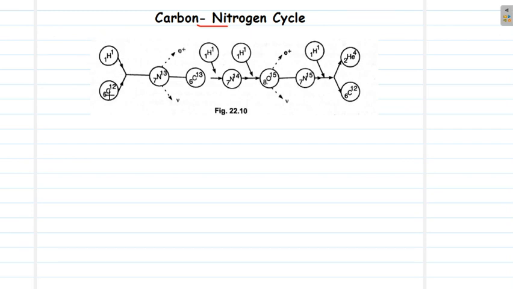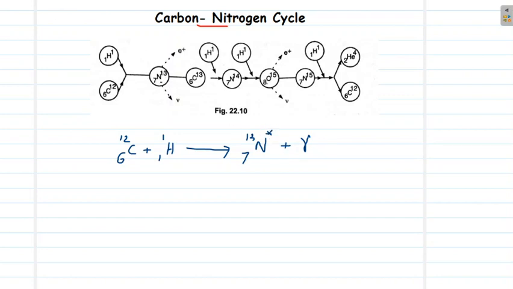In the first process, the carbon nucleus fuses with a proton to form 7N13: 6C12 plus 1H1 yields 7N13, releasing a huge amount of energy in the form of gamma radiations in the first step.